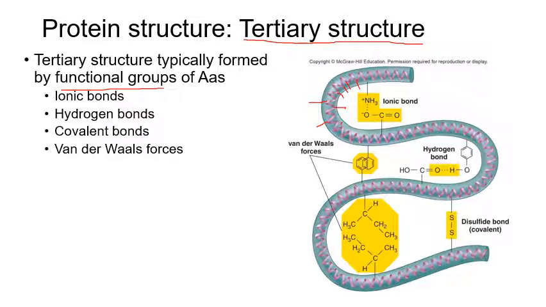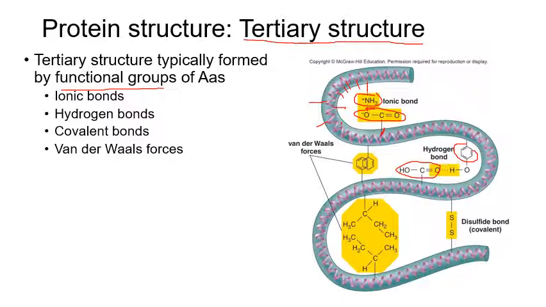You can see here, this is the R group from an amino acid in this part of the protein, and this is an R group from an amino acid in this part. We're getting ionic bonding between these R groups. Here's tyrosine. Here's another R group, and now we're getting hydrogen bonding between these two R groups.